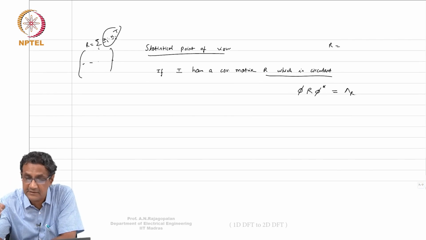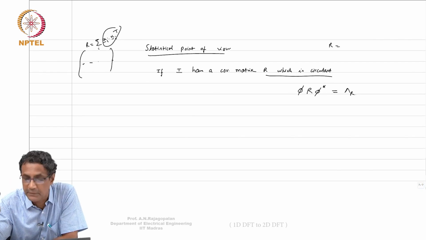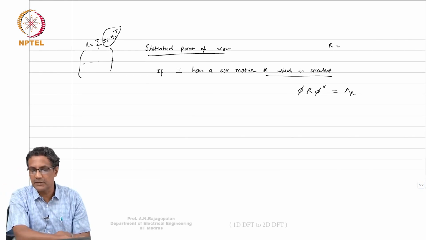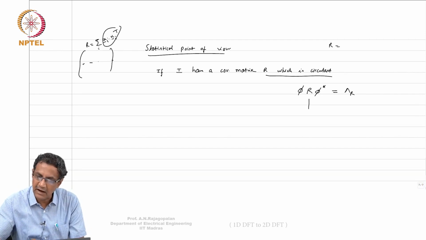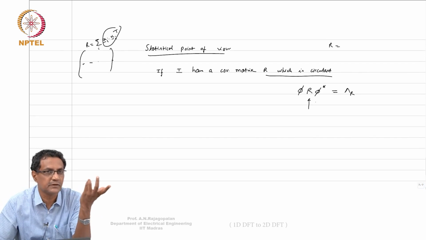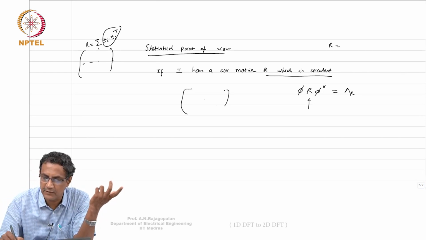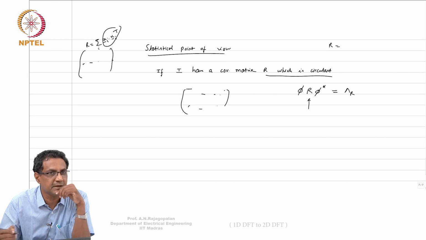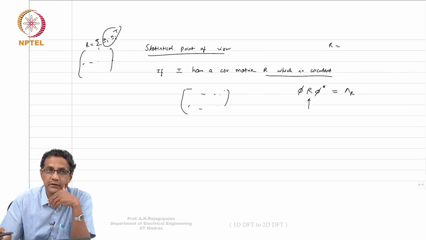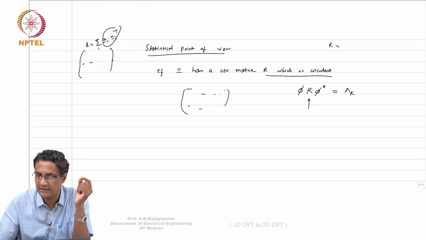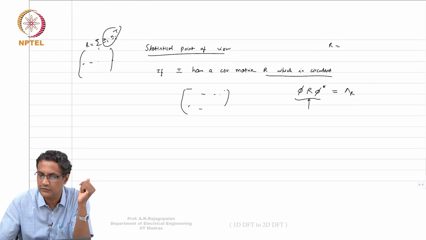But this diagonalization now has a big implication. If R is not diagonal and you have lots of off-diagonal entries, that means there is correlation. When you take such a matrix and do this operation, it will actually decorrelate the data.